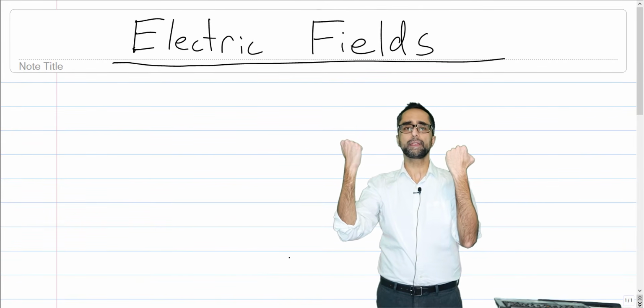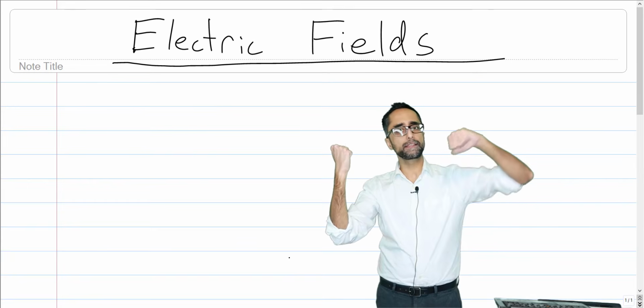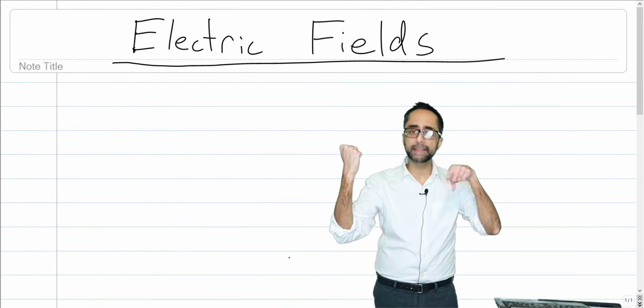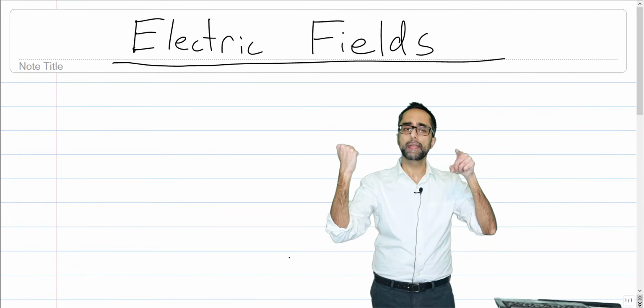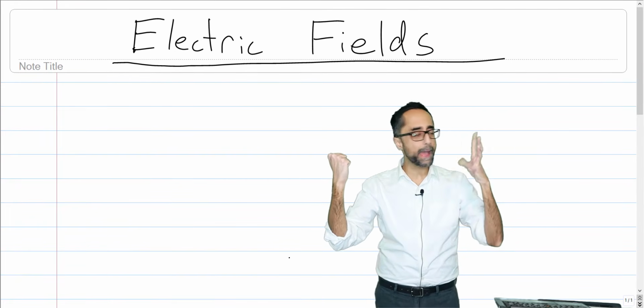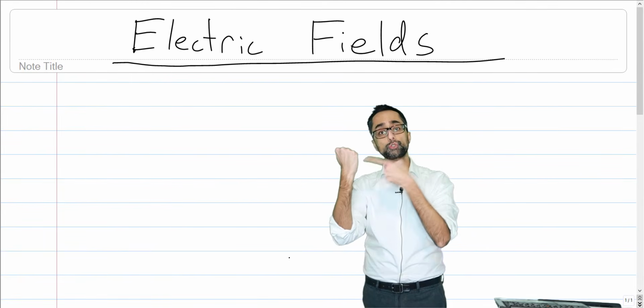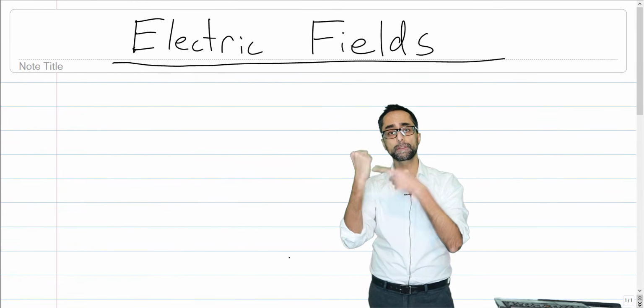The question is, if I take this charge away, so it's gone now, is there anything here? Is there anything happening in this empty space due to this charge? Think about it.